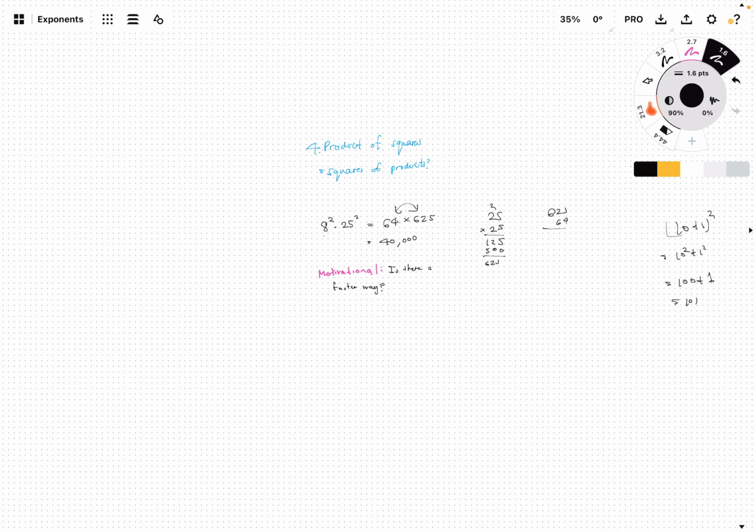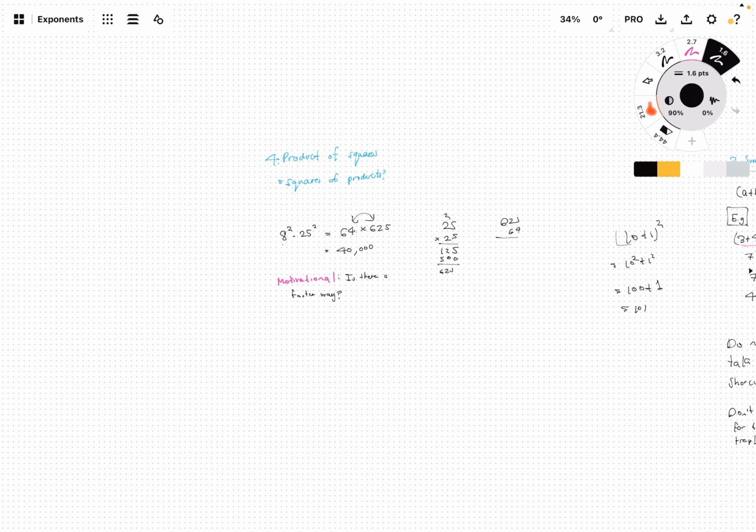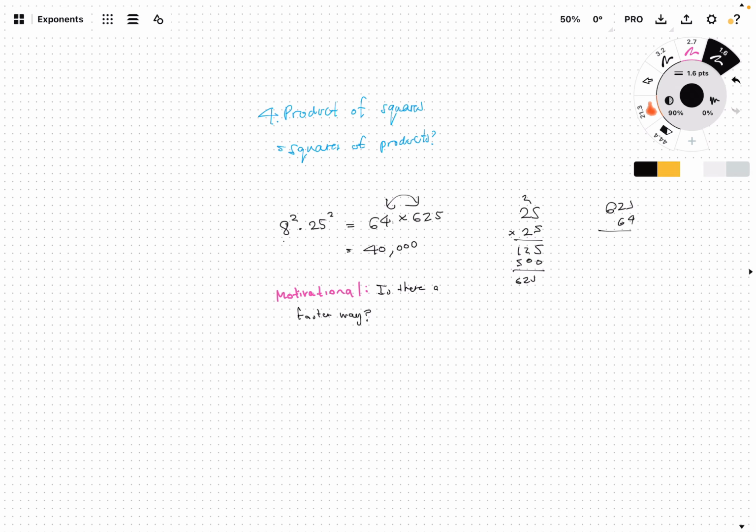Unlike the sum of squares method, where you can't be faster, you absolutely have a shortcut here. So what you have here is product of squares. You square first, then you take a product of those squares. But if you do the square of a product, so you do the product first and then you square it, it turns out to be equal.